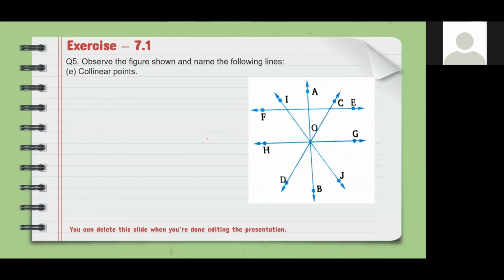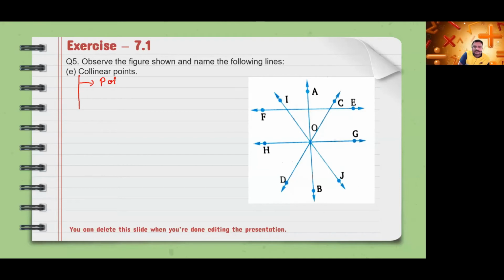So, sir, in this, first you have to mark. You have to draw the figure also, Manyata. Whatever is there on the screen, everything you have to do. So, sir, the collinear points are H, O, and G. These are collinear points.